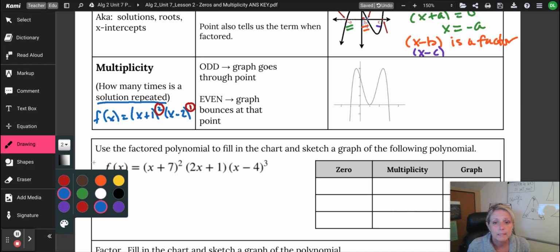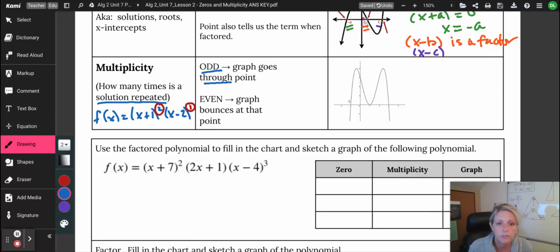And what that tells us about our graph is if the exponent is odd, then the graph is going to go through the point. Okay, so this solution right here is going to have an odd exponent. And we would write the simplest, so we would write it with an exponent of 1 if we were going to write an example. Same thing over here, this solution would also have an exponent of 1. It is really hard to see, you guys.